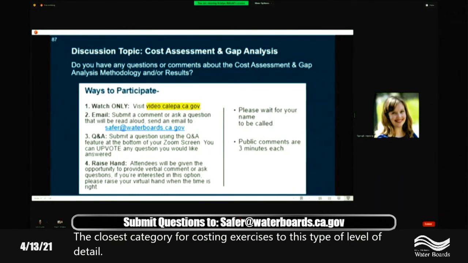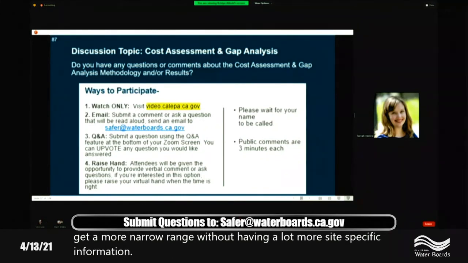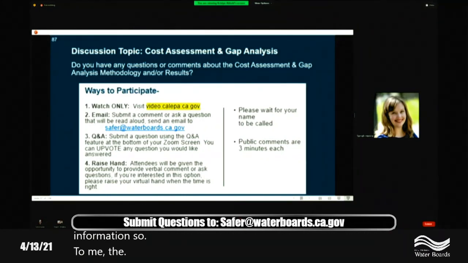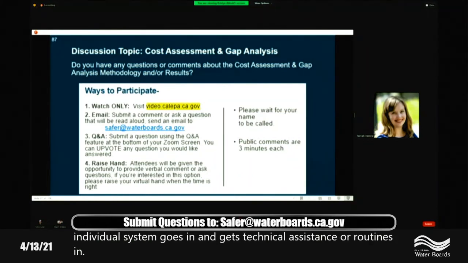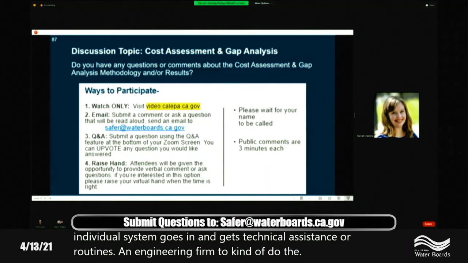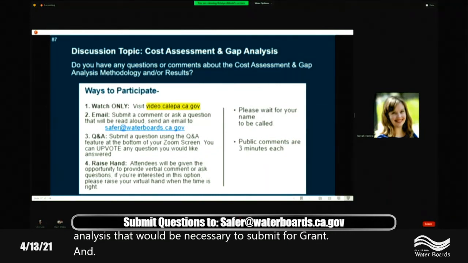And I don't anticipate that you would be able to get a more narrow range without having a lot more site-specific information. So to me, the phase at which that would be done is when the individual system goes in and gets technical assistance or retains an engineering firm to do the site-specific analysis that would be necessary to submit for grant and or loan funding in the future.